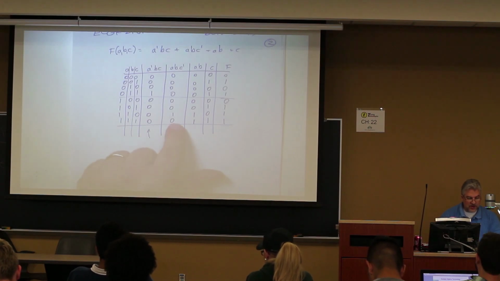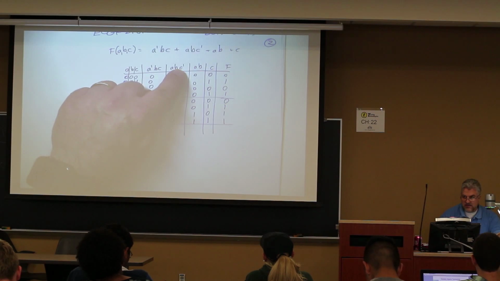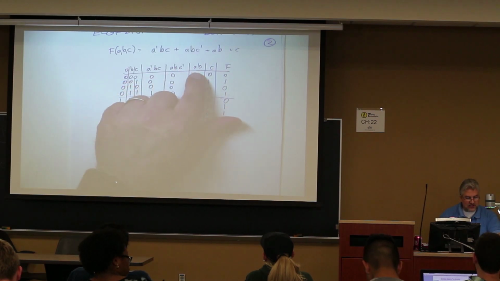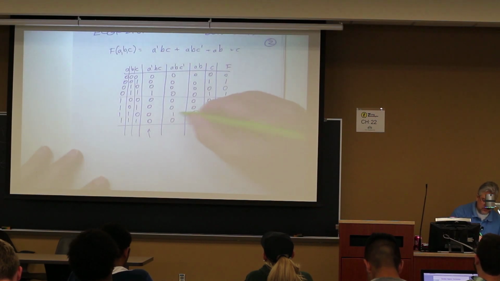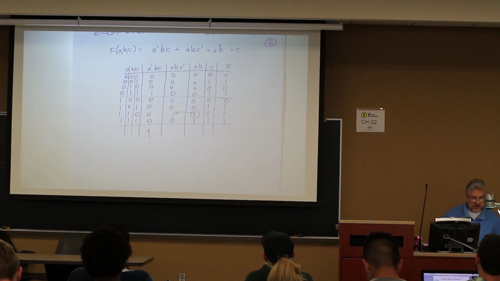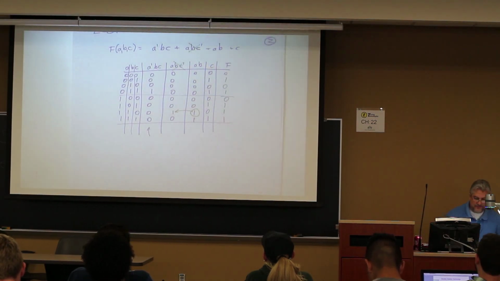Well, we have one here that says A and B and not C, and then we have another one that says A and B. It doesn't matter what C is. Well, heck, look at this. This can represent that one. So that's not even needed, right? That's just extra.